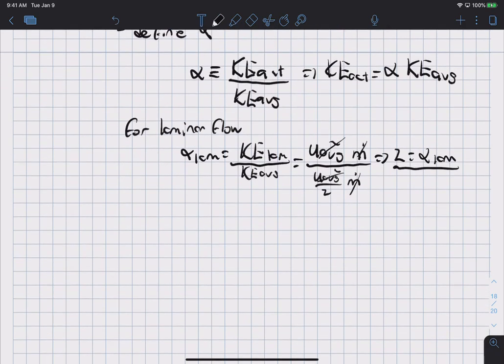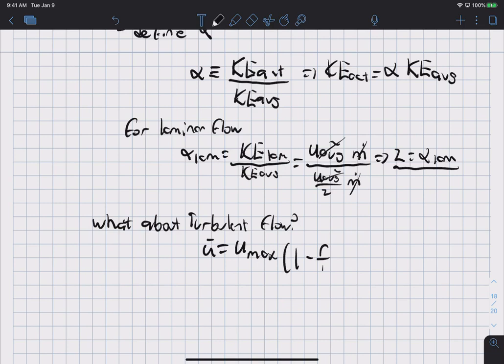Okay, and so what about turbulent flow? Which is the more practical case anyhow. Recall for here, we'll just use u bar, which is just the mean turbulent velocity, equals u max times 1 minus r over capital R to the 1 over n.